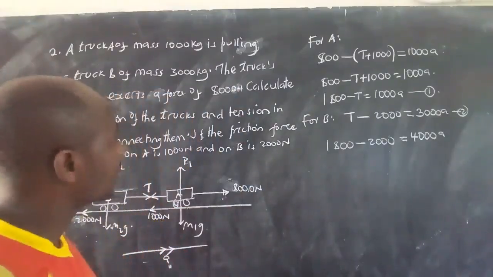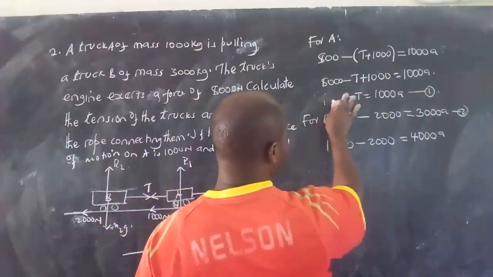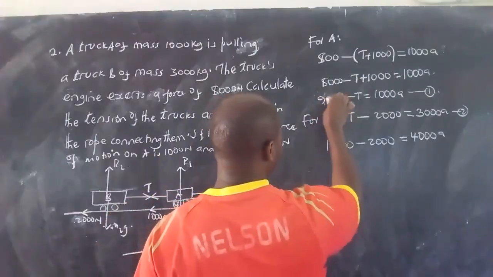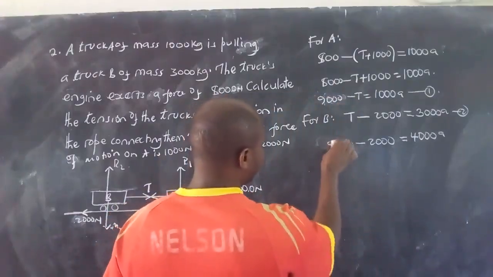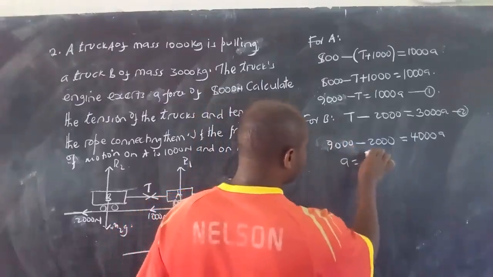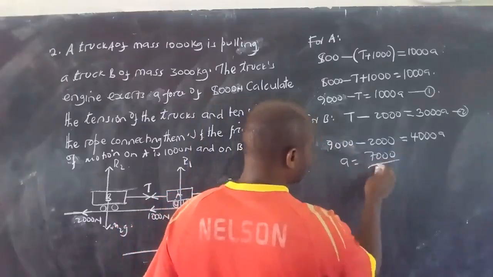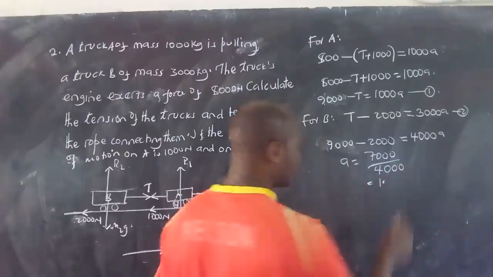So the pulling force is 8,000. When you add this, it becomes 90,000. So meaning that our A will become 7,000 divided by 4,000, which becomes 1.25.